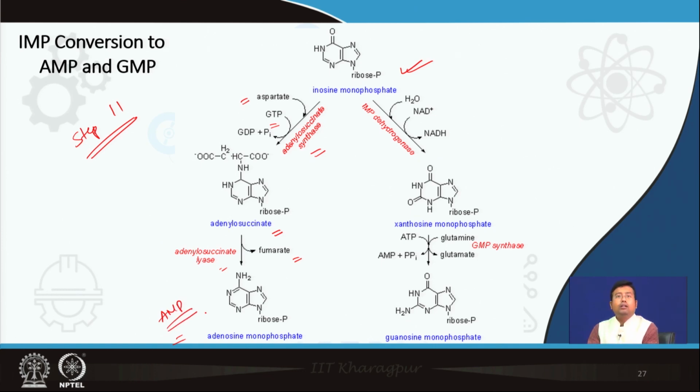When we are converting IMP to GMP, first it is acted upon by a dehydrogenase enzyme which forms xanthosine monophosphate, and ultimately by GMP synthase it is forming GMP.